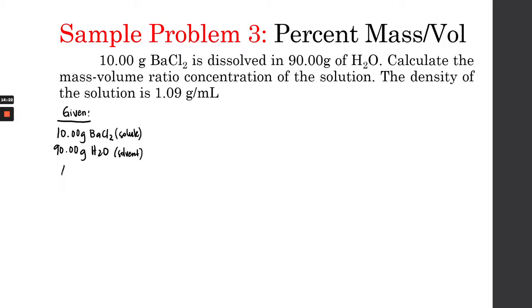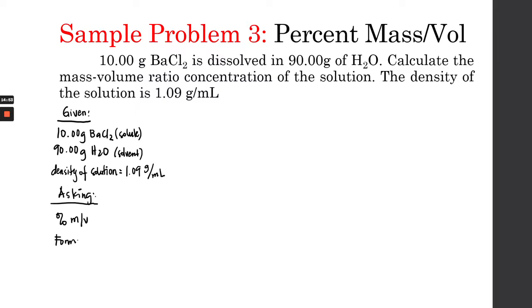They also gave us the density of our solution, which is equal to 1.09 grams per milliliter. And what they're asking us is the percent mass volume concentration of this solution.